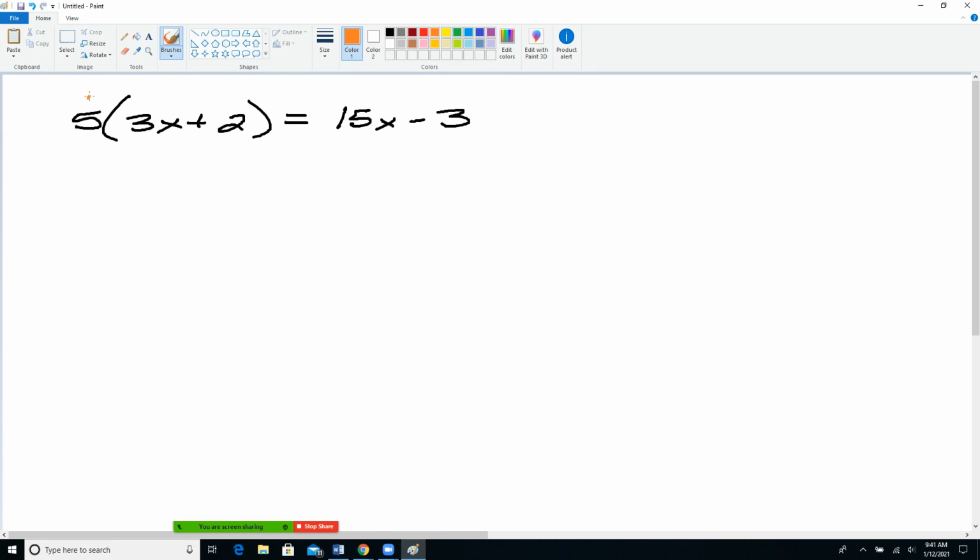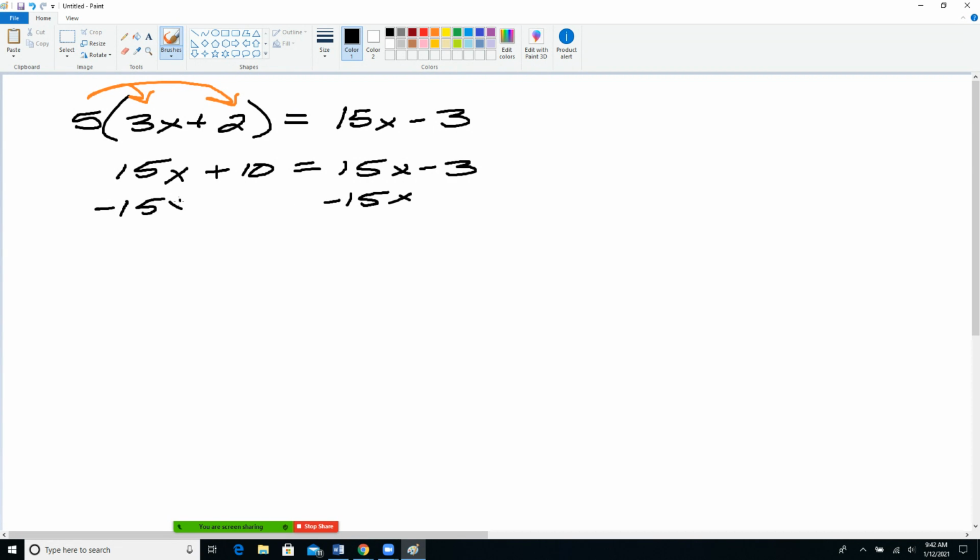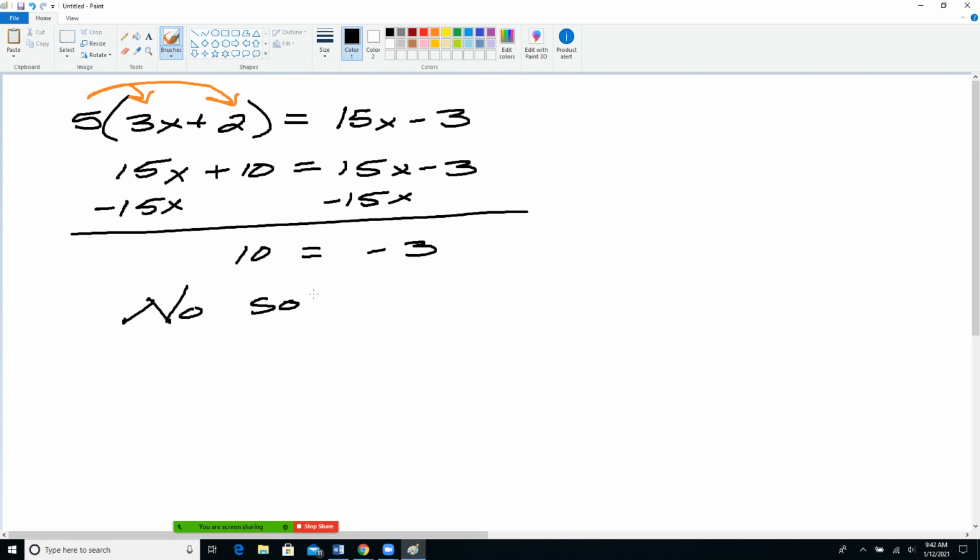The first step to solving this is you're going to distribute. So you get 15x plus 10 equals 15x minus 3. Subtract 15x from both sides, and that equals 0. So I have 10 equals negative 3. So this one has no solutions.